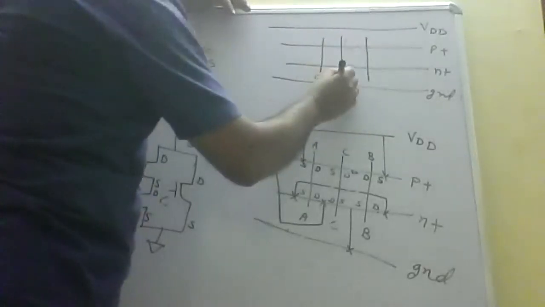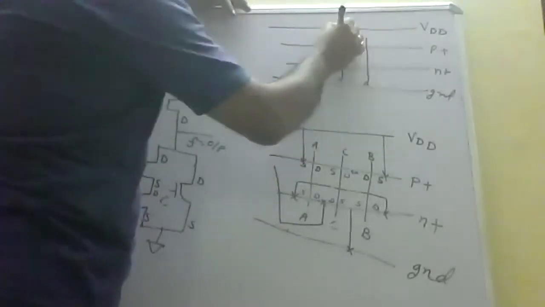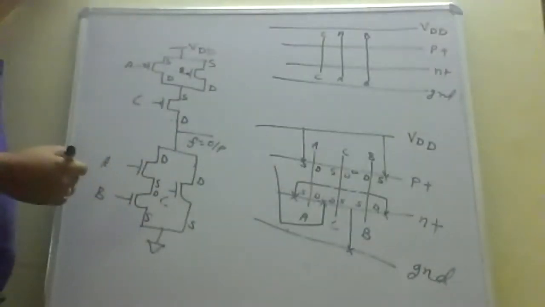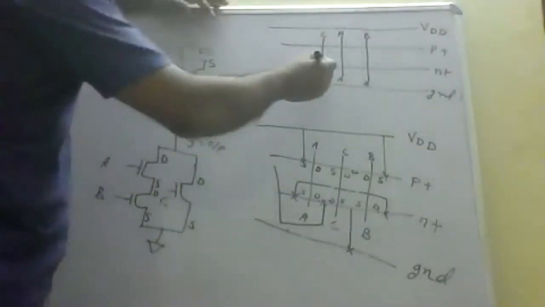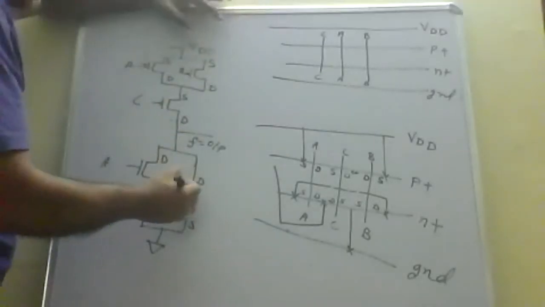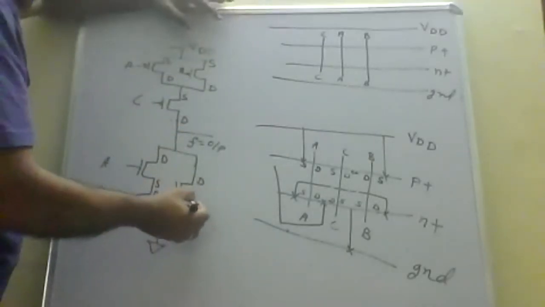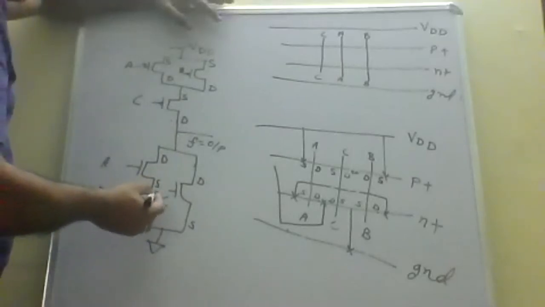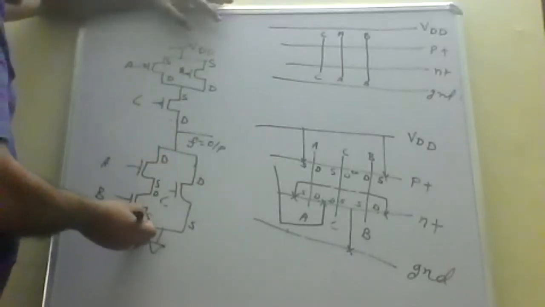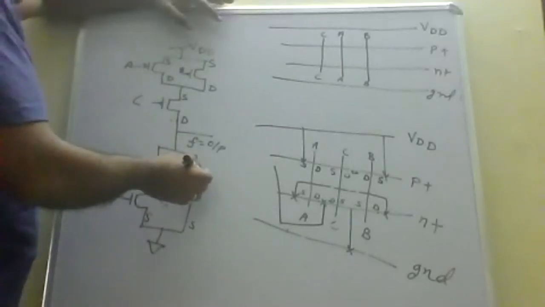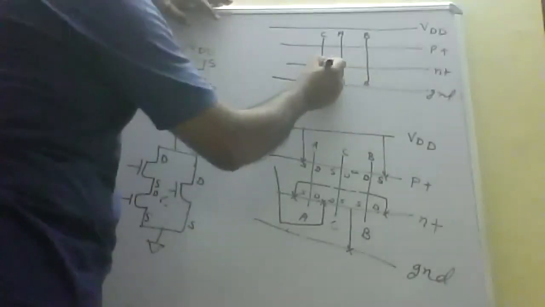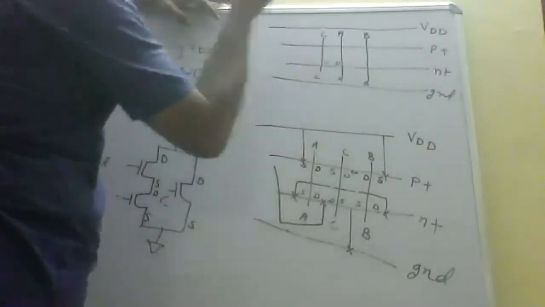So CAB, this is CAB. If I choose this CAB, then in the NMOS, first the source of C is connected with the source of B, and the drain of C is connected with the drain of A. So this is the common area, so this will be the drain, this will be the drain.